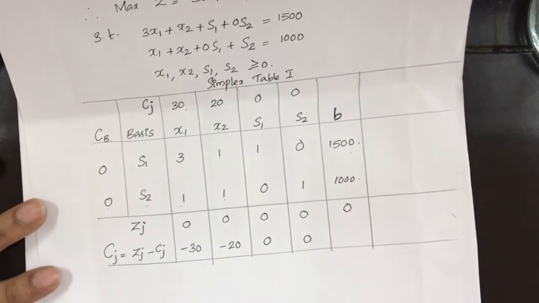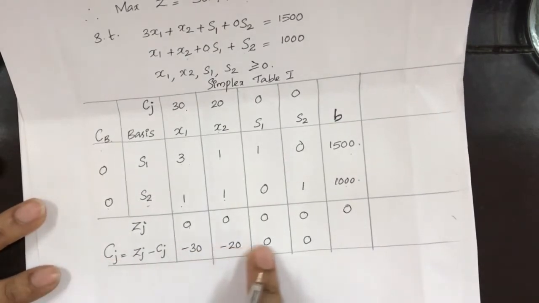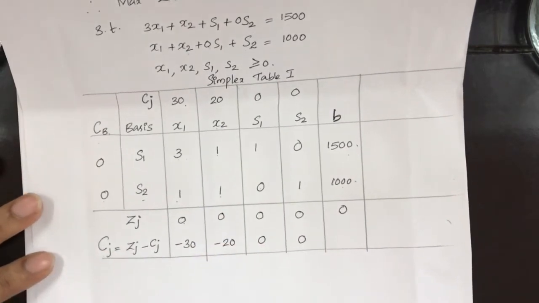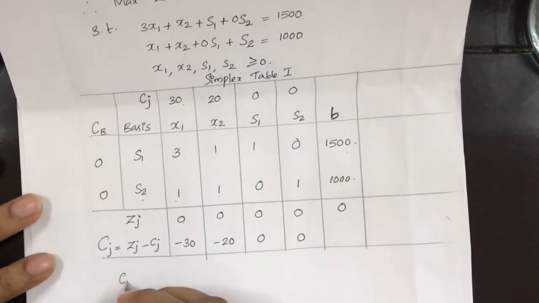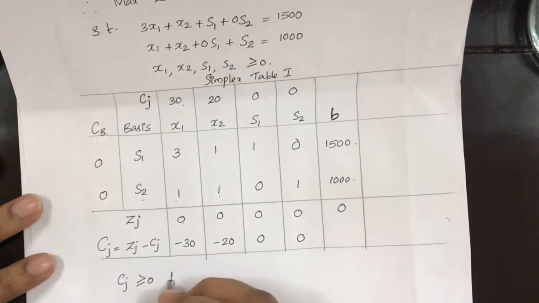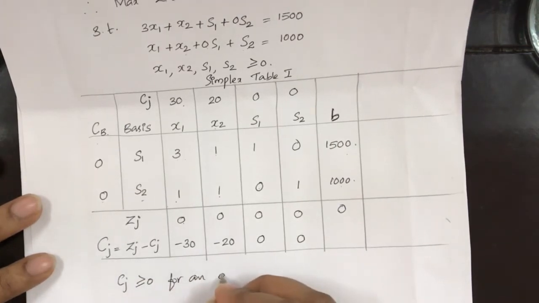Okay. Now look at the Cj values. For an optimal solution, the Cj should be greater than or equal to 0.